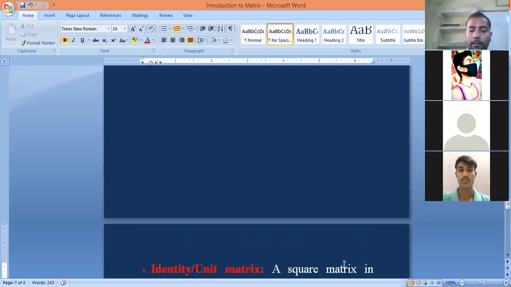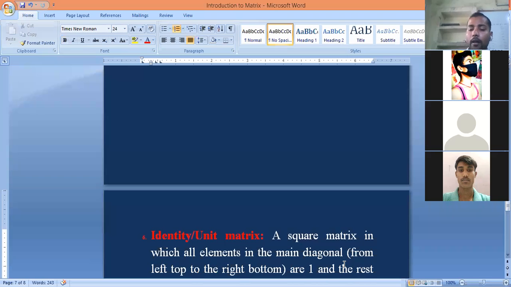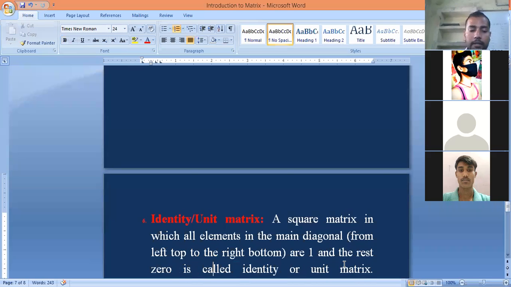Then after, identity or unit matrix. Here you can see a square matrix in which all elements in the main diagonal from the left top to the right bottom are 1 and the rest are 0 is called an identity matrix or unit matrix.